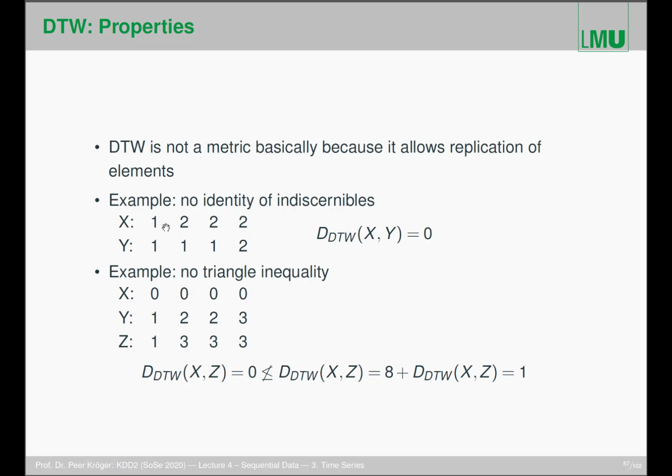Another warping, and then we warp x. We move both, compare this one here, and then this one with this one and this one. So the cost-optimal warping path will give a cost of 0 for those two, even though they are not identical. This is one thing that should be fulfilled if we're talking about a metric, but it's not. And there's also no triangle inequality.